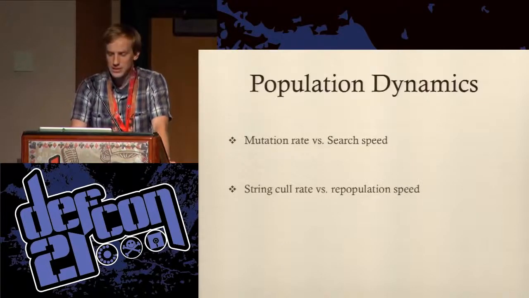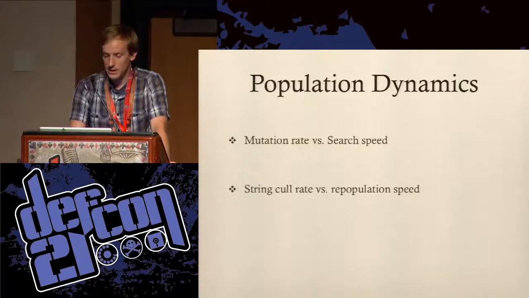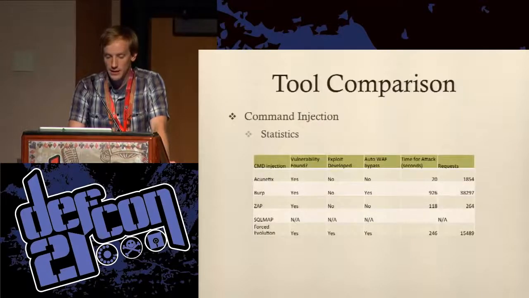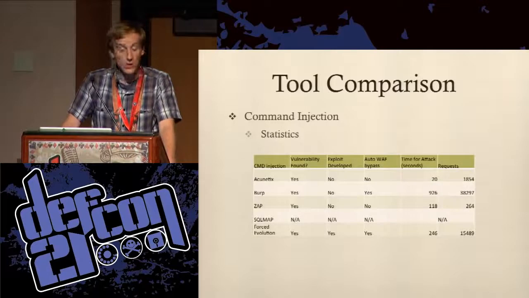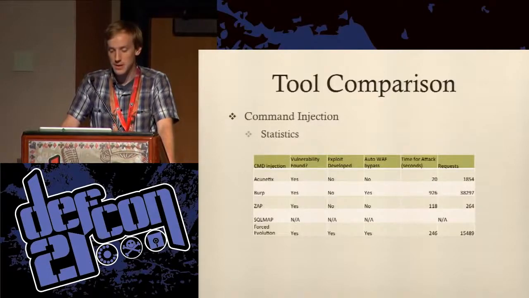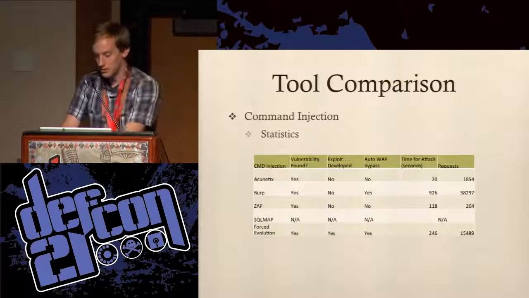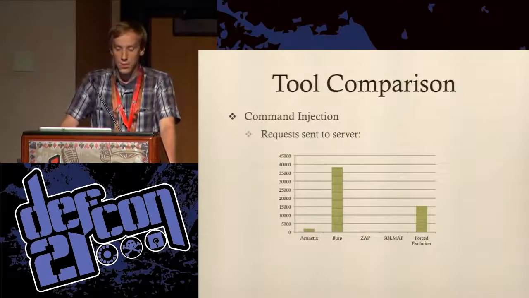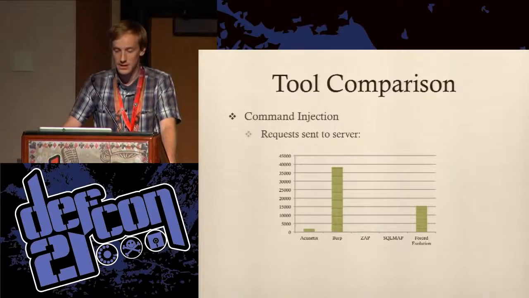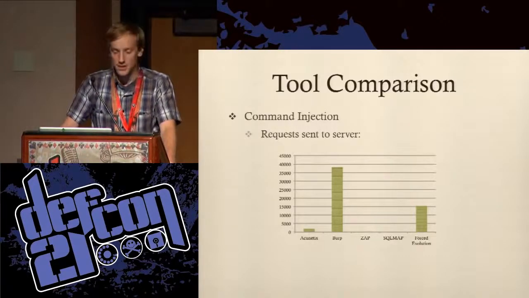With these things in mind, I compiled a couple of statistics on the leading-edge tools. I did Acunetix, Burp, ZAP (the OWASP ZAP), and SQLMap, as well as forced evolution. This is just the raw data, but I'll go through some charts to show you how it compares. The number of requests sent to the server is a very significant amount.